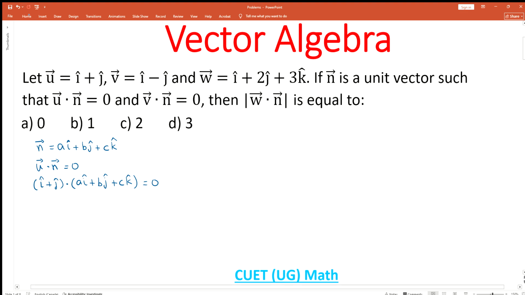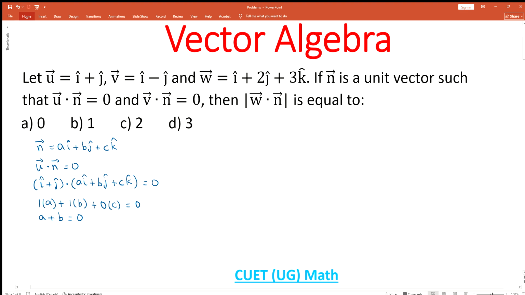For component i, the coefficients are 1 and a, so we get 1 times a. For component j, the coefficients are 1 and b, so we get 1 times b. There is no k component in vector u, so for component k, the coefficient in vector u is 0, so we get 0 times c equals 0. We can simplify this equation. 1 times a is a, 1 times b is b, 0 times c is 0, so that term goes away. So we get the equation a plus b equals 0.